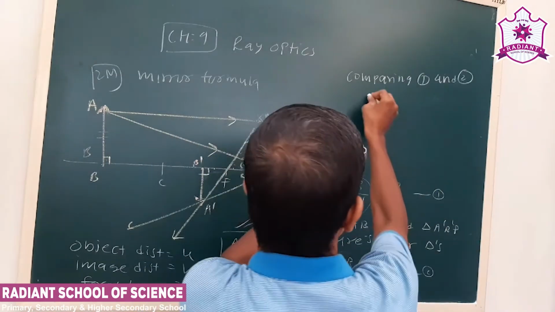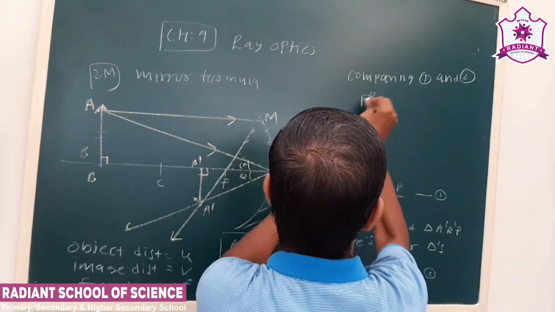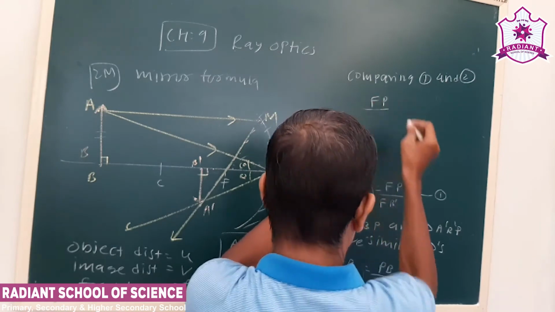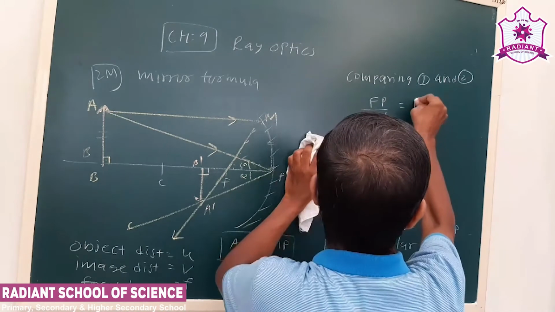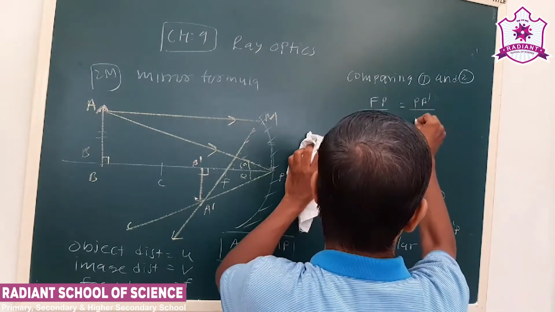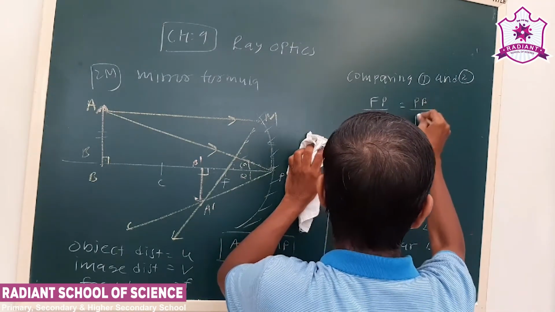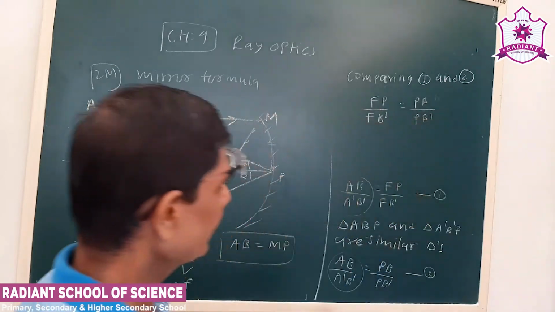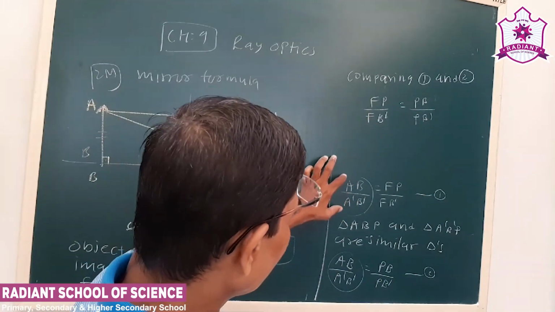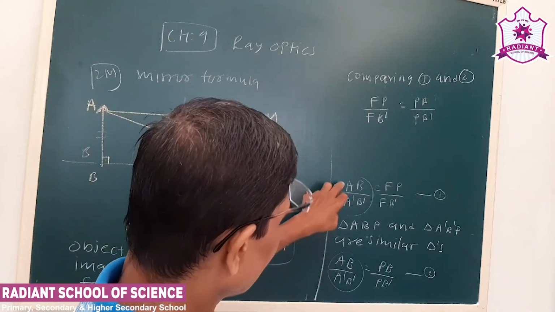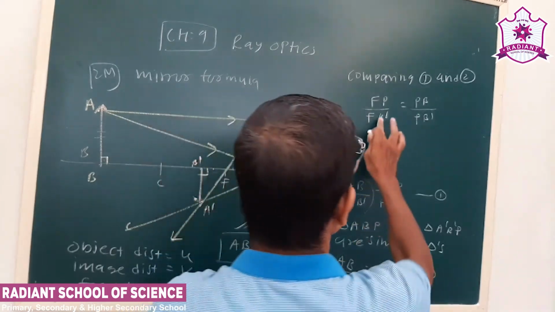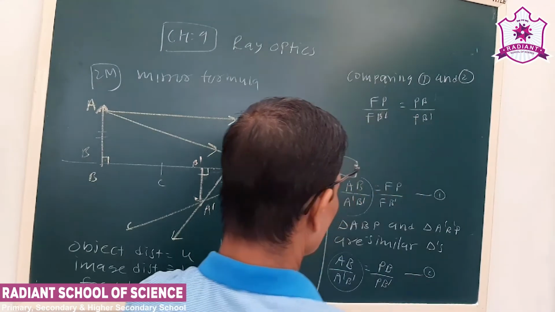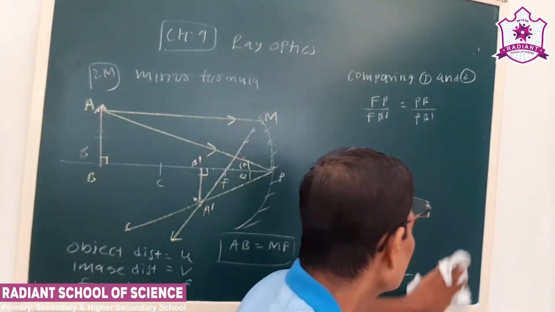FP upon FB' is equal to PB upon PB'. Here we can see AB upon A'B' is FP upon FB', equal to PB upon PB'.